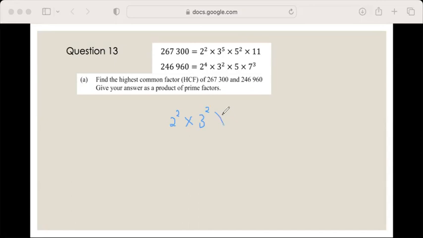Lowest of 5 is 5, and 7 and 11 are not common to both. So this is the product of prime factors. You can just simply write this as the answer here in this question. Right. Okay. So I hope you got the correct answer. Let's go to part B.